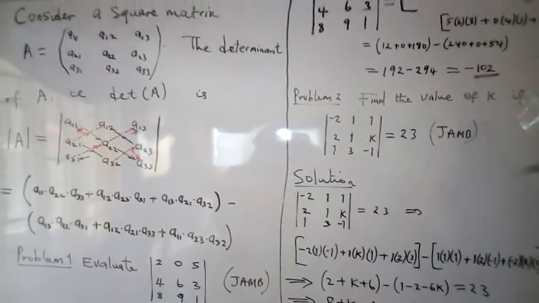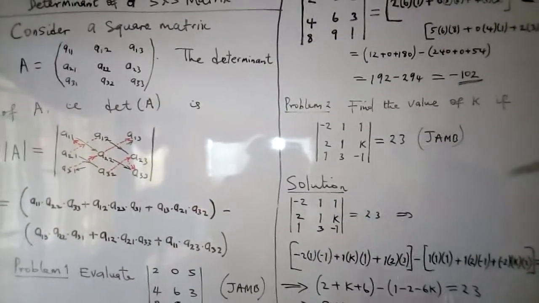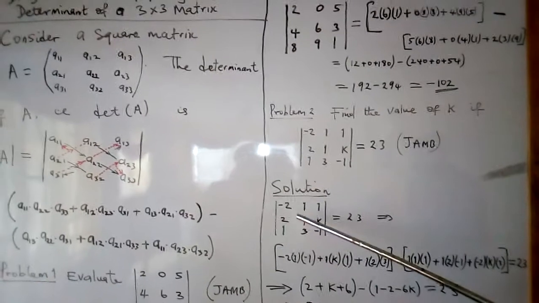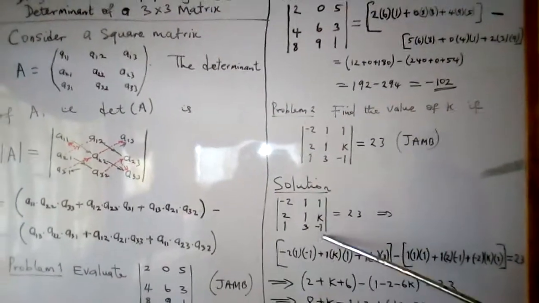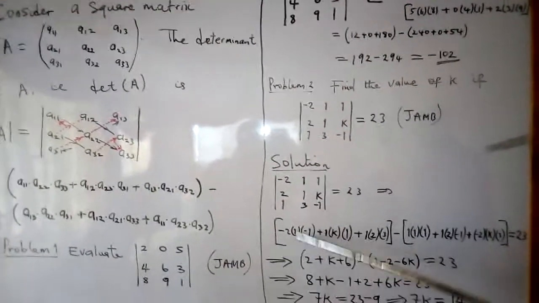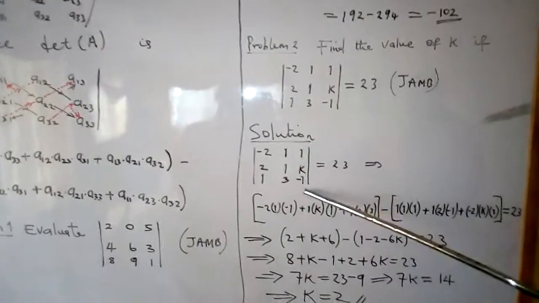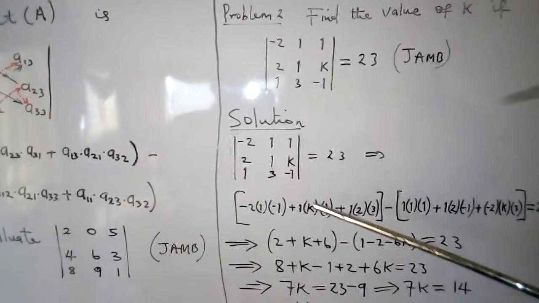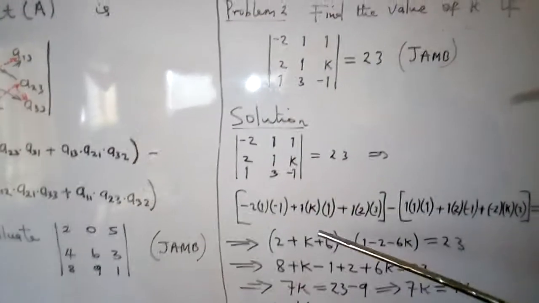Now, the principal diagonal is what? Minus 2 times 1 times minus 1. Look at it here. Plus 1 times 2 times minus 1.